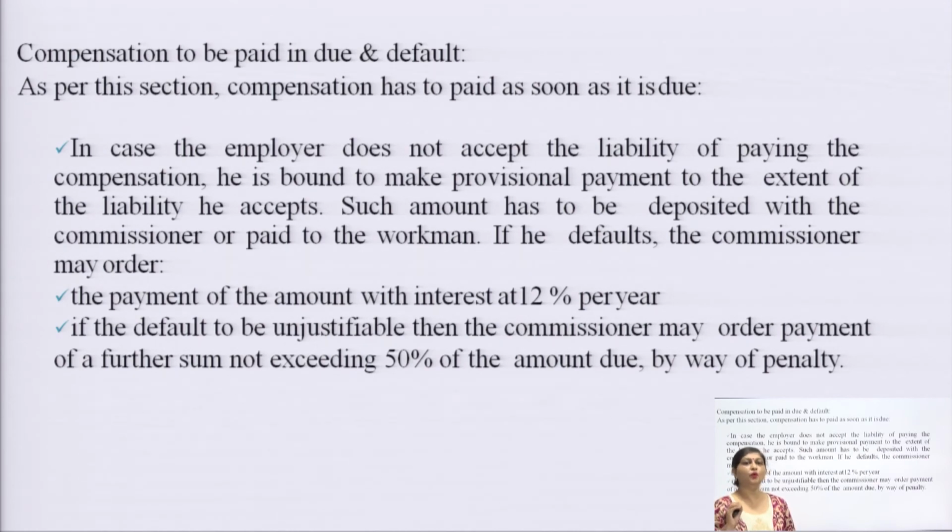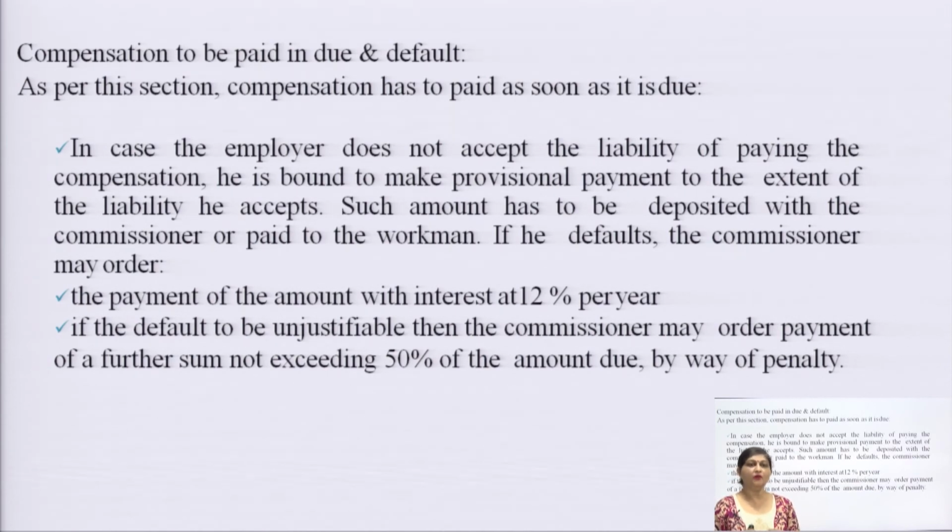The commissioner will go through all the papers and issues related to the accident, and will decide afterwards whether the amount should be paid or not. And if he finds that the employer is at fault, then he can order the employer to pay the amount with interest at 12% per year.